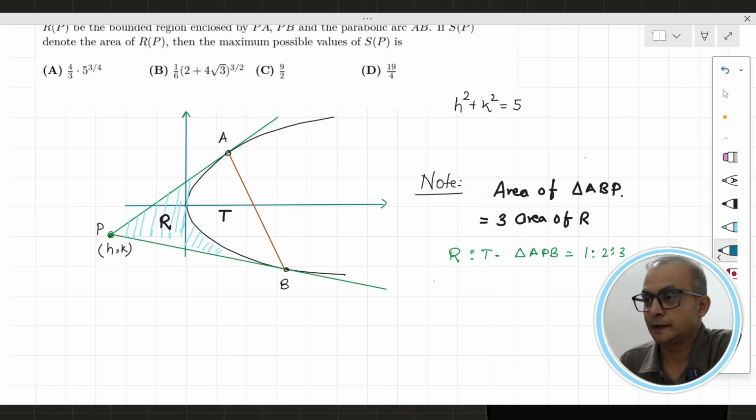What I mean to say is, the area RP is actually 1/3 of the triangle area APB.